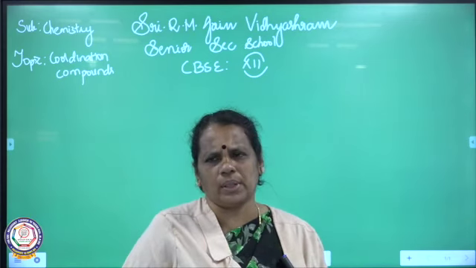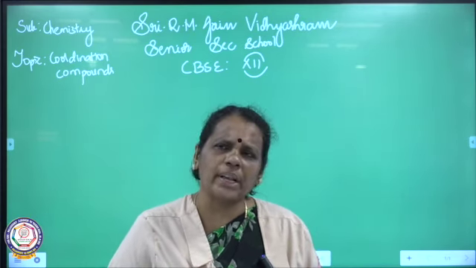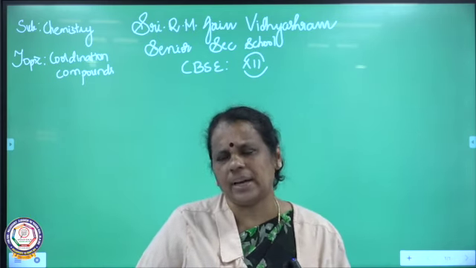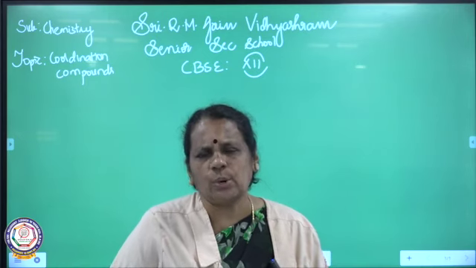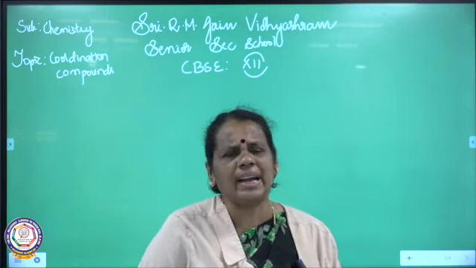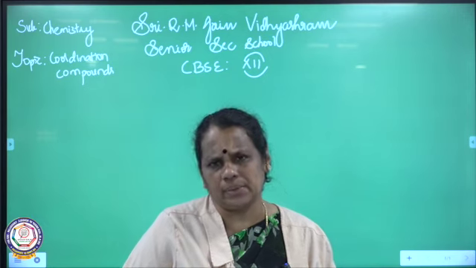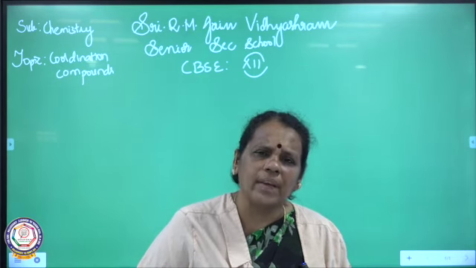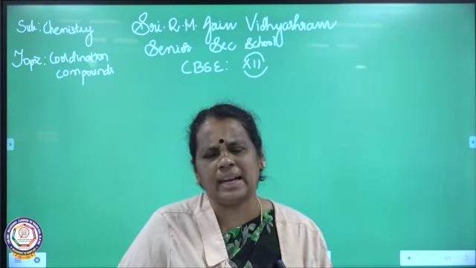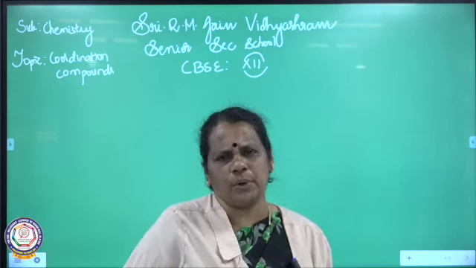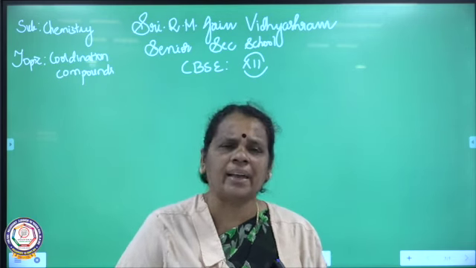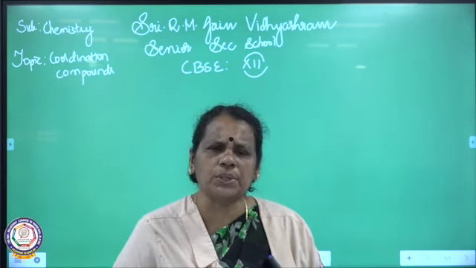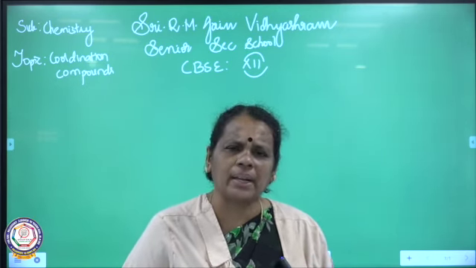Now, we are going to start with the calculation of coordination number for bidentate as well as for polydentate ligands. Already I told about bidentate and polydentate. So, a bidentate ligand is nothing but a ligand which has two donor atoms. When a ligand has two donor atoms that are bound to the central metal ion, we can call it bidentate or didentate ligand. For example, oxalate ion, where there are two oxygen atoms which contribute 2 electron pairs to the central metal ion.